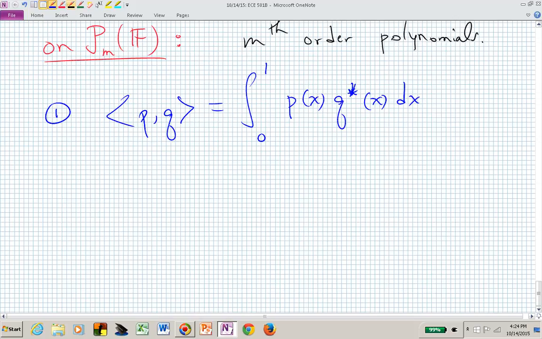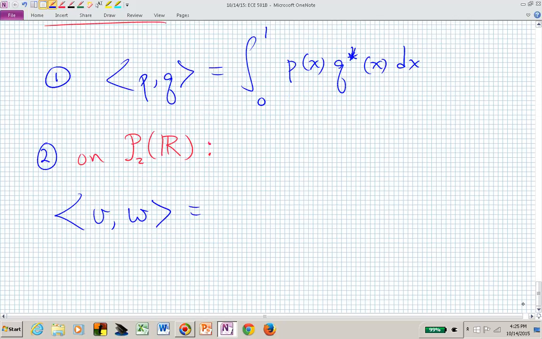Suppose I now restrict, let's say I want to be on P sub 2, and let me do that over the reals. So this is my second one on polynomials. Now let me say that I have a vector v and a vector w. It could be p and q, but for whatever reason I went back to v and w. Now I'm going to make that inner product.